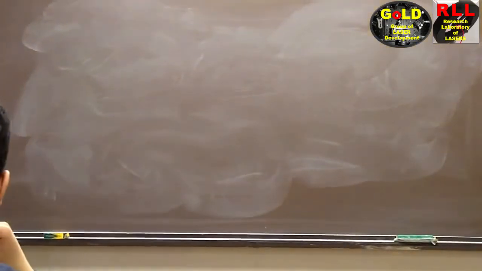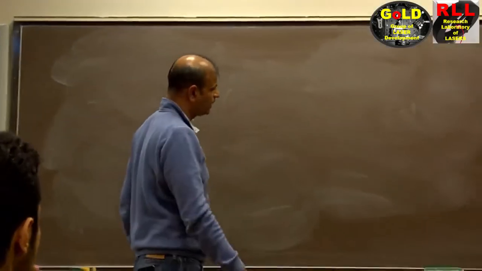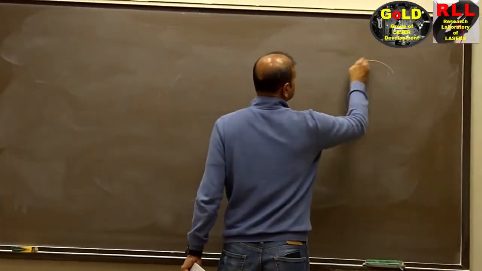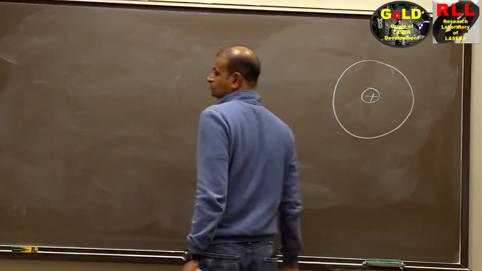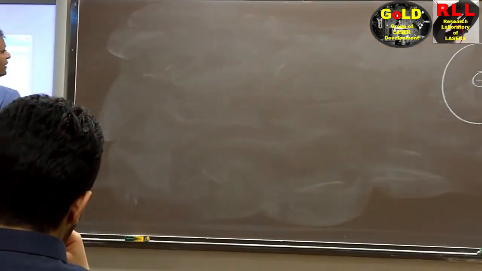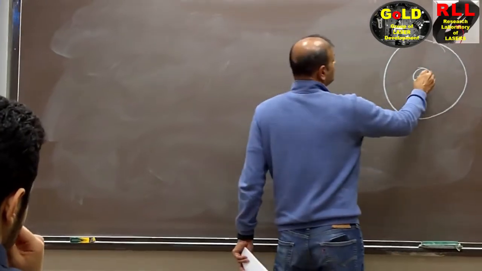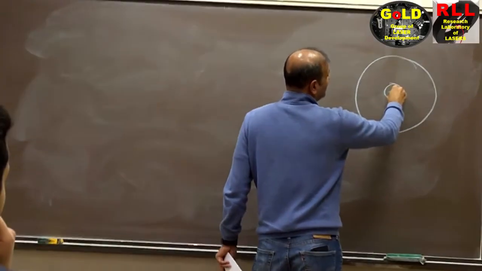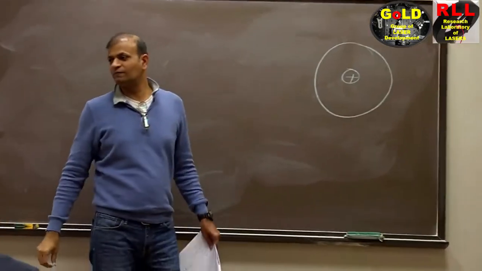Now, let's suppose you have any sphere, okay, like a football, and you have a charge, and you want to find out the flux. Okay. So, this charge, it means there will be electric field, okay.